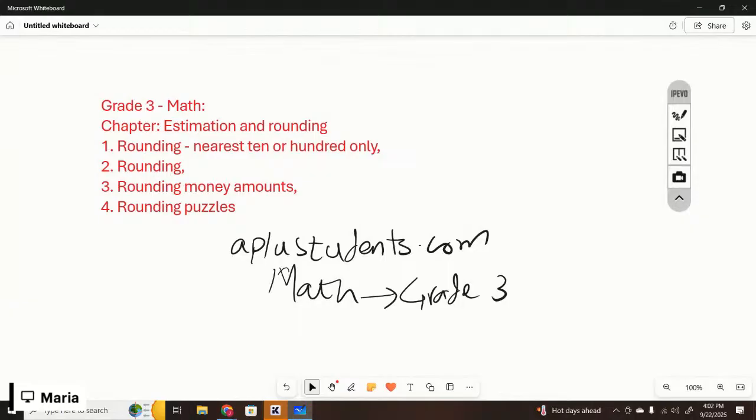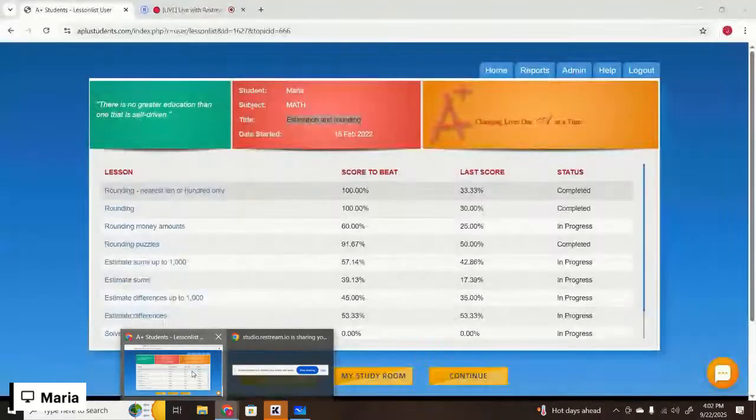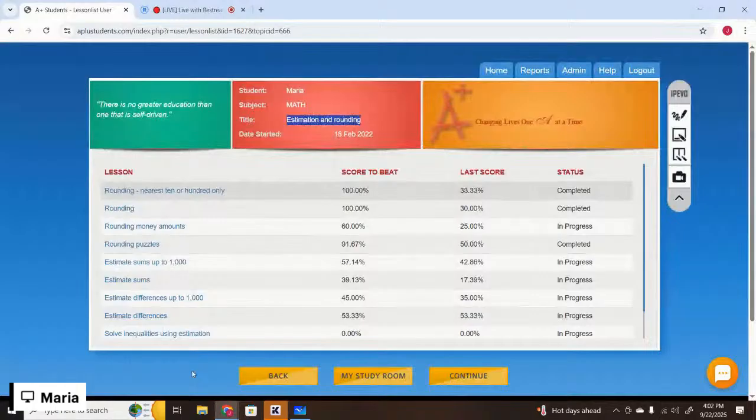So please make sure you have your notebook and pencil so that you can note down the important examples and definitions. The grade 3 math chapter we are on right now is estimation and rounding. Let's start with the first lesson, that is rounding nearest 10 or 100 only.